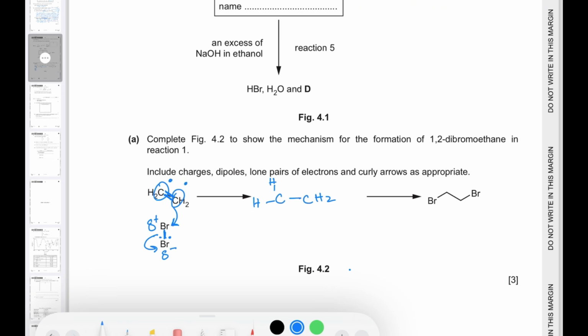Now that this bond breaks, one of these electrons will be donated to the bromine atom. So now the carbon atom donates an electron to the bromine atom.